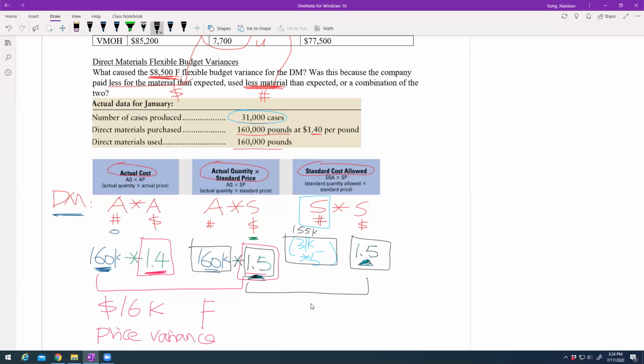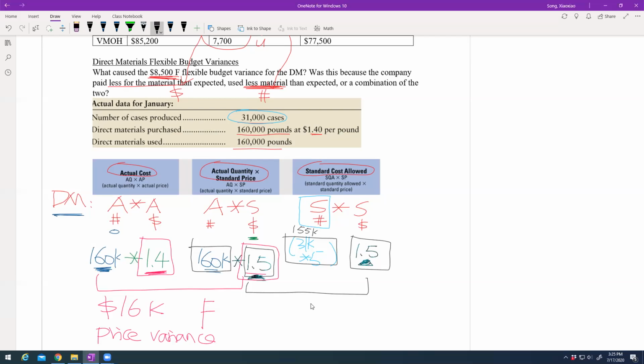Based on the standard, you should have used 155,000 pounds. But actually, we used 160,000 pounds, for whatever reason. Maybe we wasted 5,000 pounds because we didn't pay attention, we had some bad products, or we had to reproduce our chips.